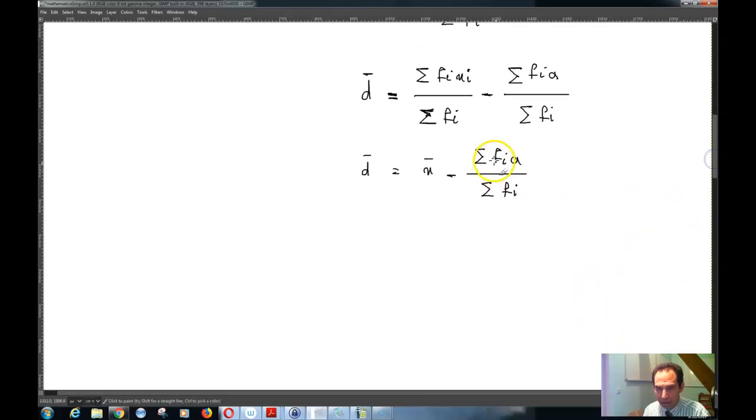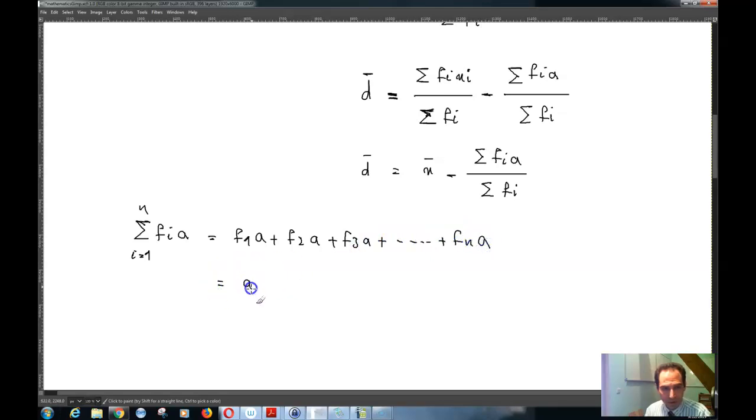Of course, in sigma notation, one more thing that you can do, since this a is being multiplied by each term: when you write sigma f of i times a, where i goes from 1 to n, that means you have f1 times a plus f2 times a plus f3 times a, all the way up to f of n times a.